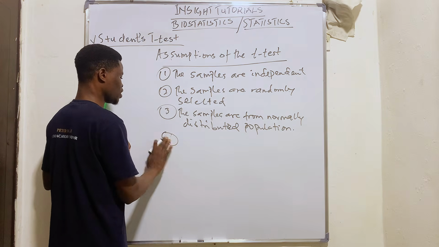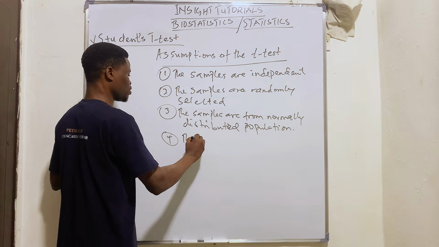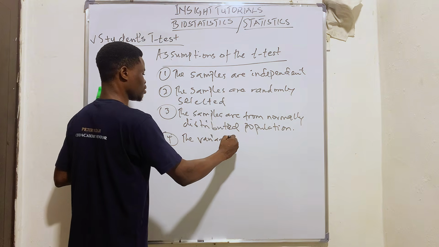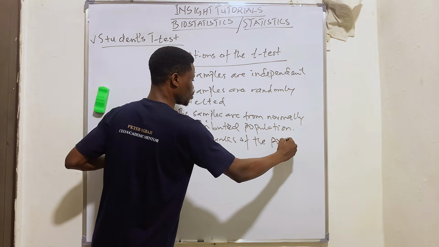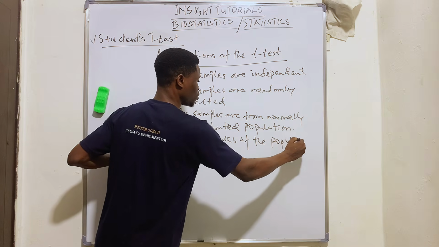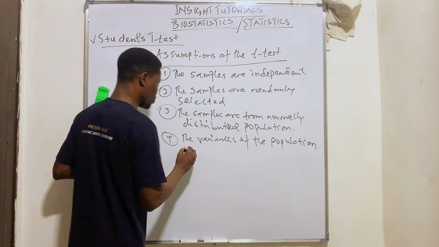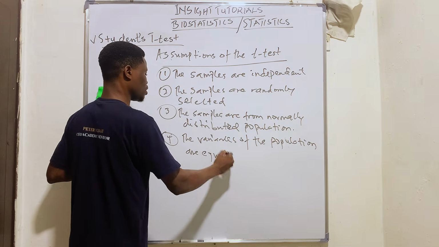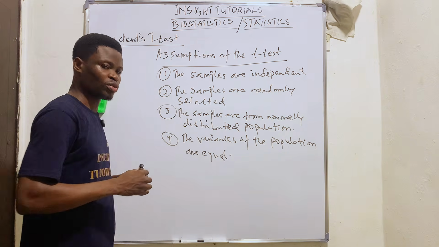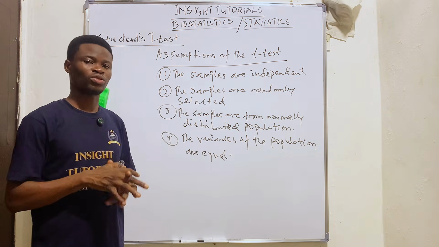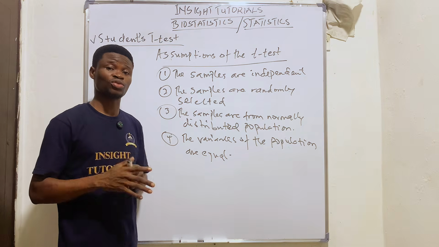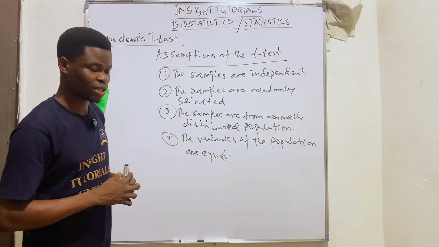Number four says that the variances of the population are equal. So these are the key important assumptions of the t-test you need to know. So let us go straight into solving a question under the t-test.